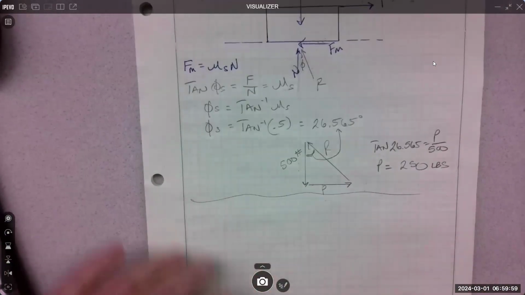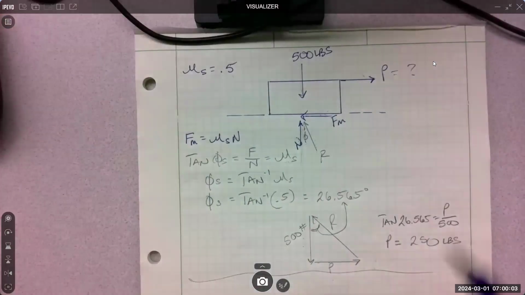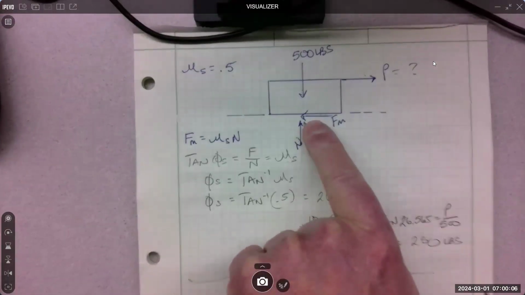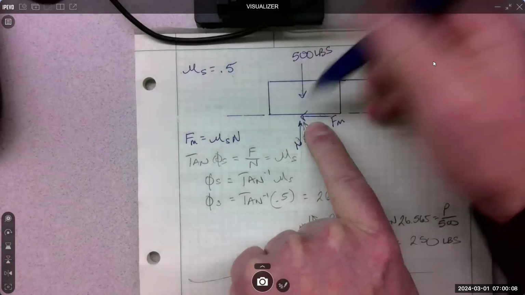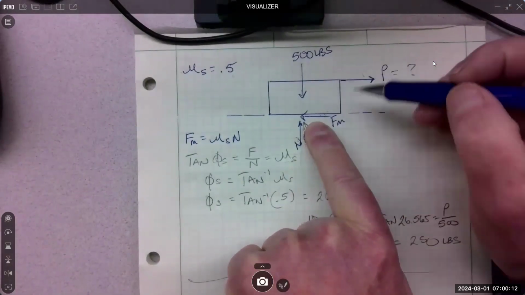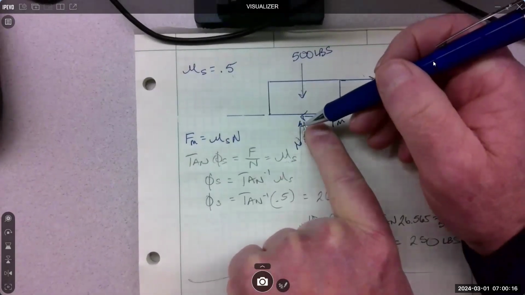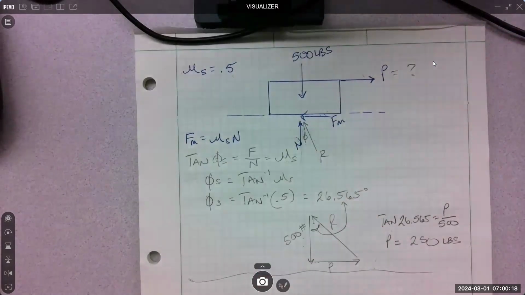So that's the result. That's our new method, right? Let's do it by the old method. The old method would say, okay, don't put R in. We're going to use F and 500 and P, right? And since P is horizontal, I can just sum forces in the Y to say N is equal to what? N is equal to 500 pounds. Has to be.